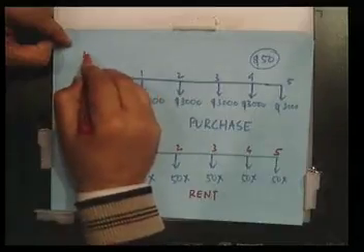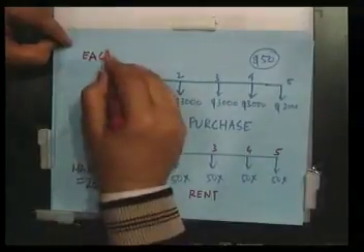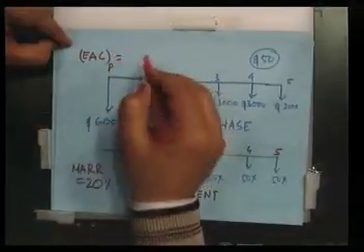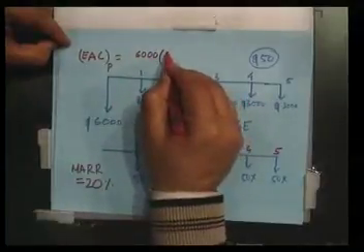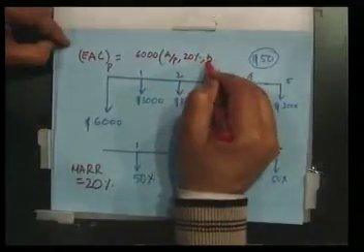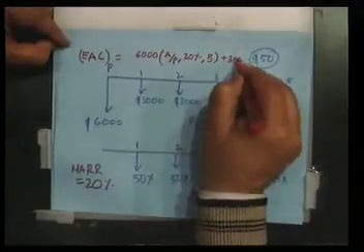So, here again what I will do is, I will try to get the equivalent annual cost for both the options. For example, for the first option it would be EAC, that is equivalent annual cost. I call this purchasing. So, P is going to be 6,000 (A/P, 20%, 5), and I will add 3,000.